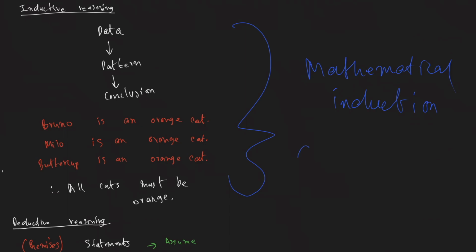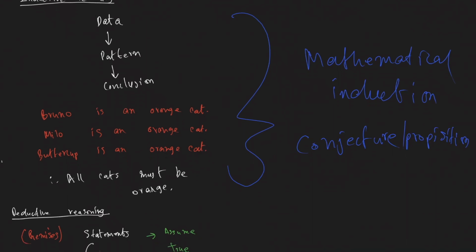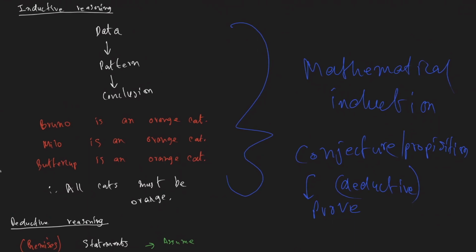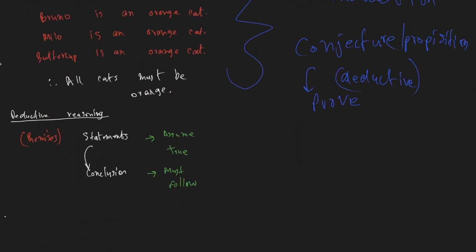This is called your conjecture or proposition that you've stated using inductive reasoning, and then you use deductive reasoning to prove this conjecture. Now, this is what mathematical induction is. Now, this is pretty abstract. So again, I'm going to give an example.